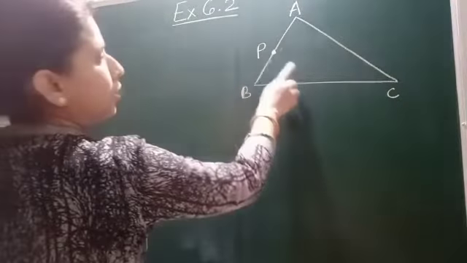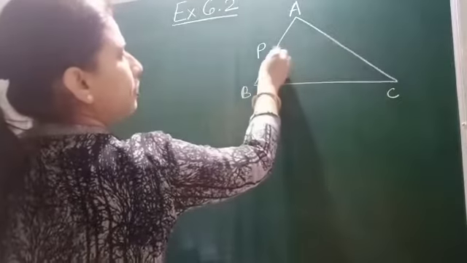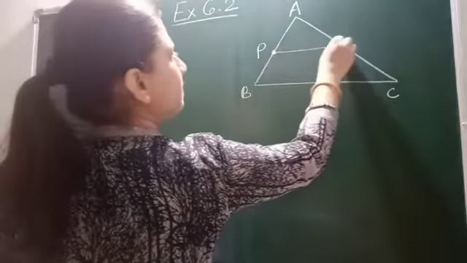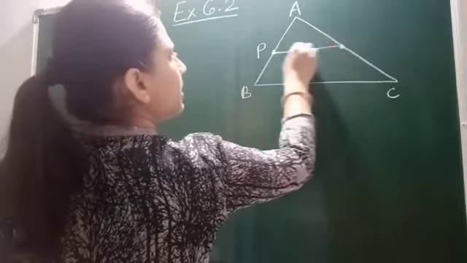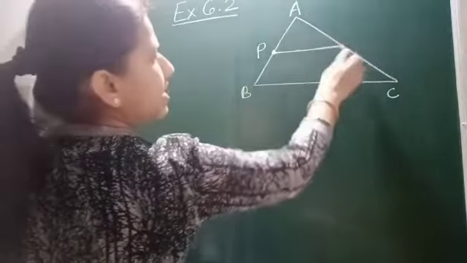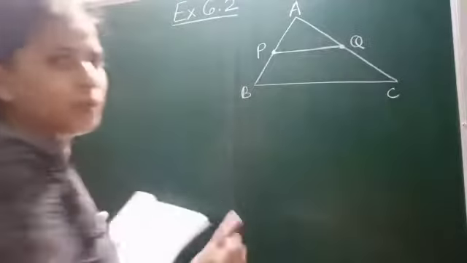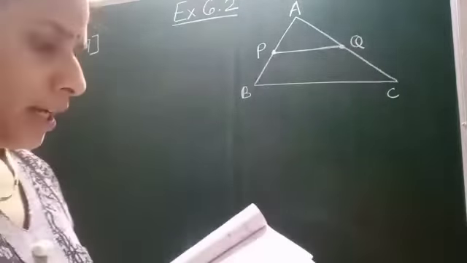It means now we will draw a line from this point P parallel to this side BC. Okay, it means suppose on AC this point is your Q. This PQ is parallel to BC according to the question.